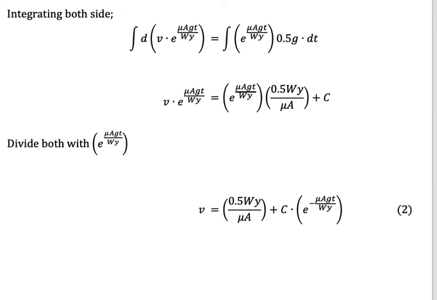After you get that, you could integrate both sides. Finally you will get this one, and then you have the value of C. Again, please do not simply say that C is equal to 0 unless you could prove it.